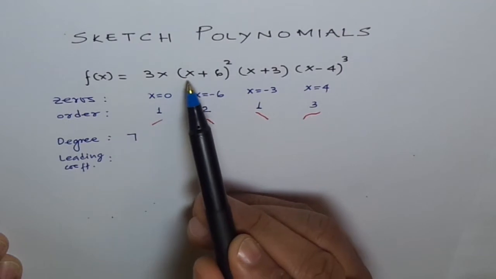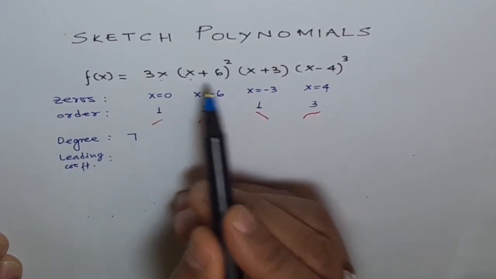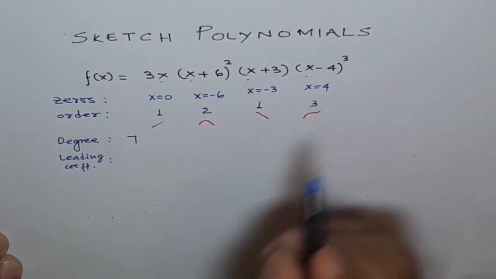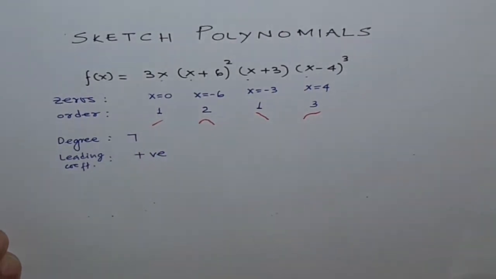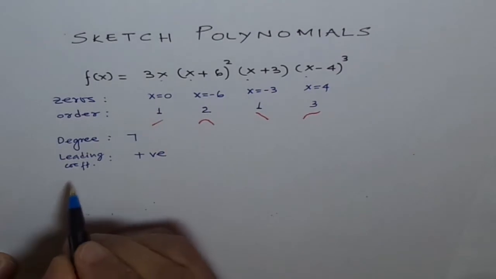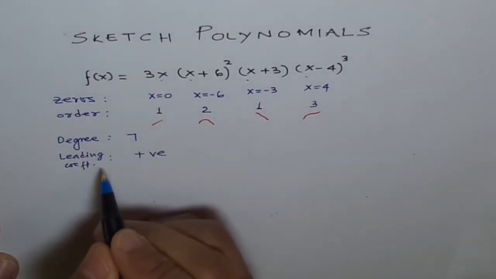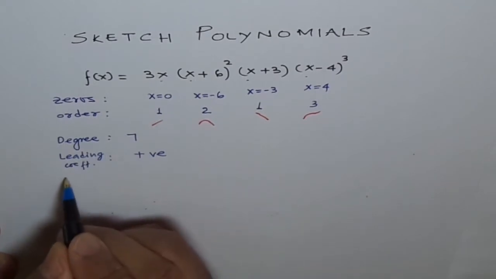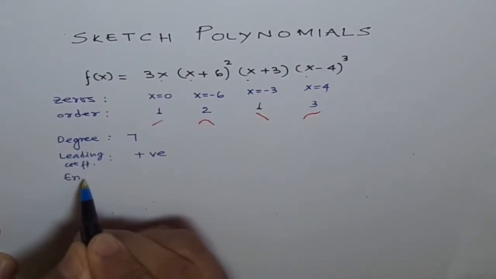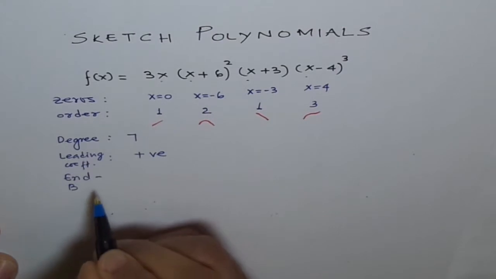When you multiply all these, you will get a positive leading coefficient. Now leading coefficient and degree, as you understand, give us end behavior. So let's see how the end behavior of our polynomial looks.